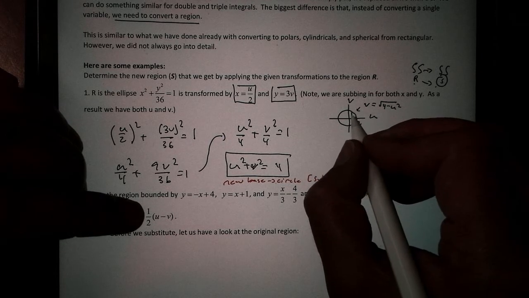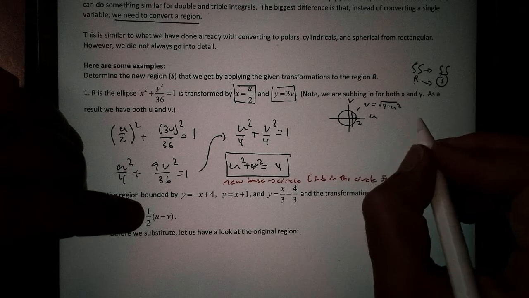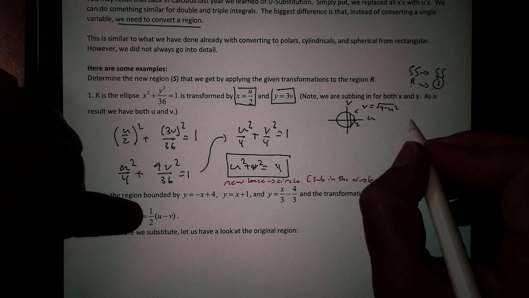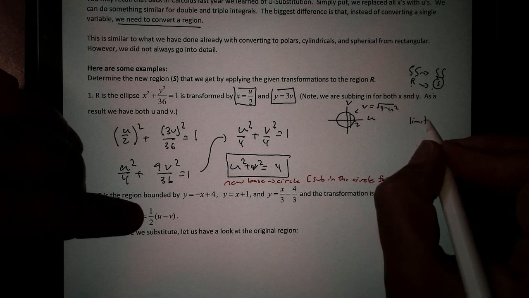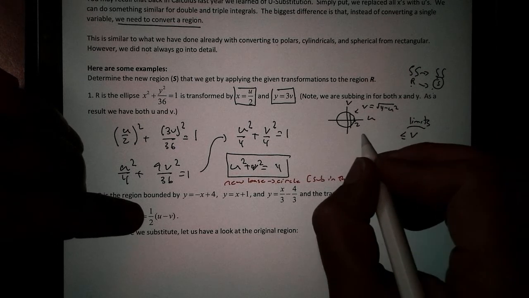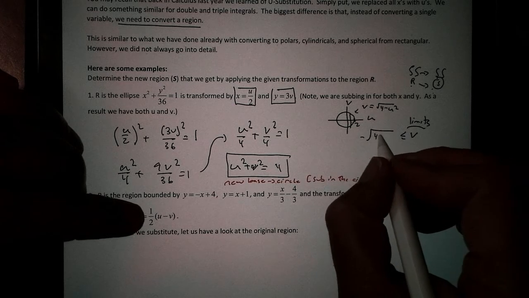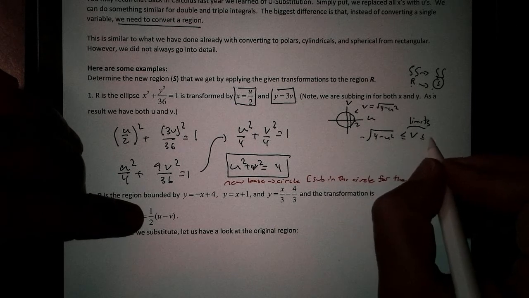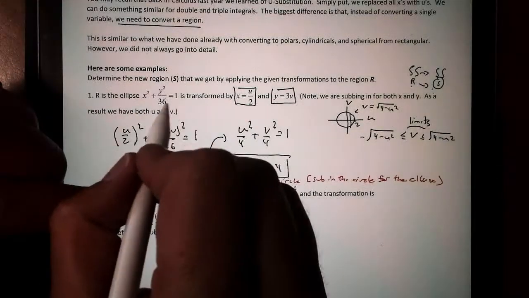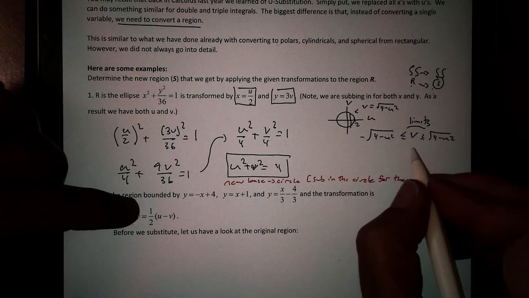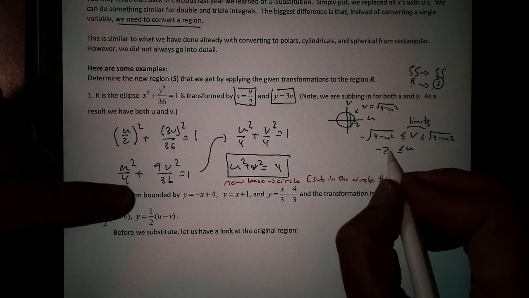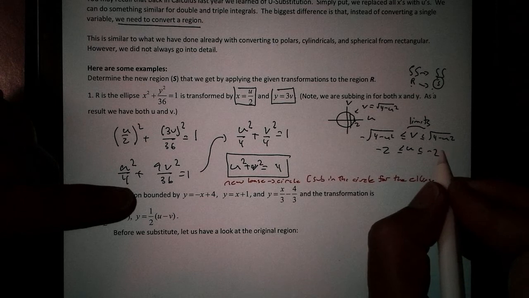If I draw my vertical rectangle, my change in v for my limits, v is going to be between negative square root of 4 minus u squared and positive square root of 4 minus u squared. Now they may not look any easier than our ellipse, but since this is a circle, of course u is going to go from negative 2 to positive 2.